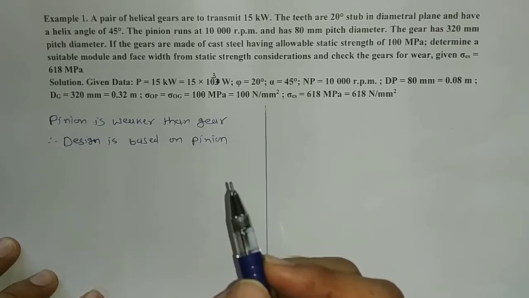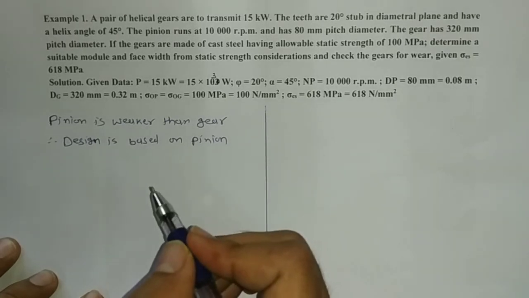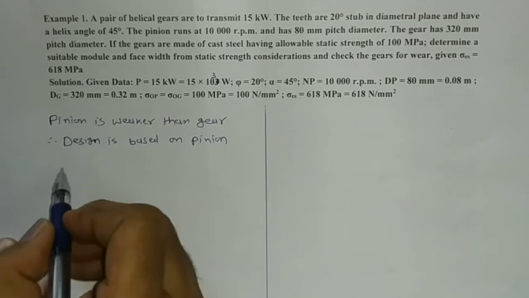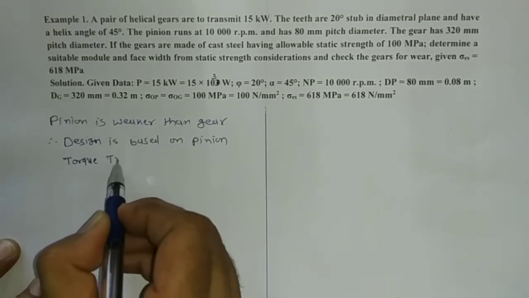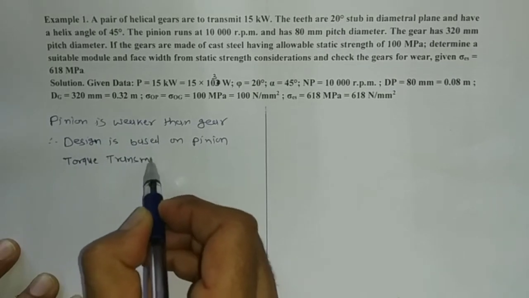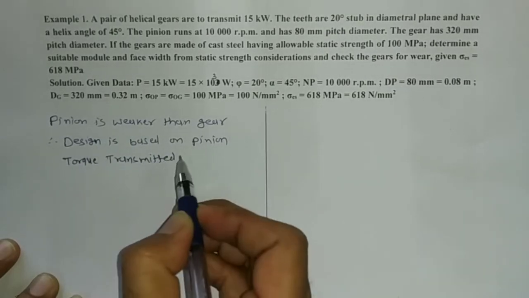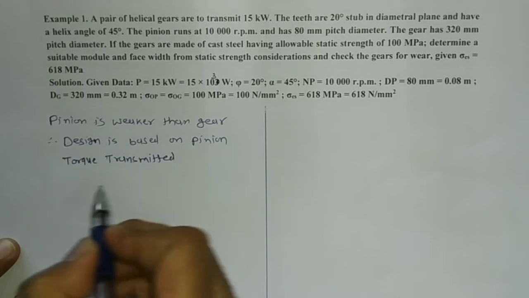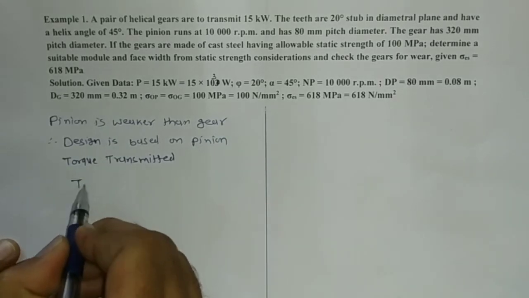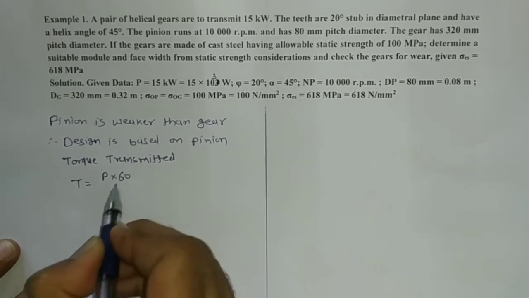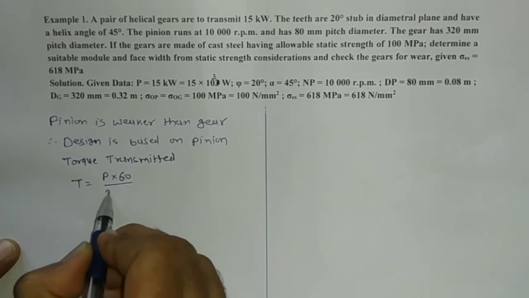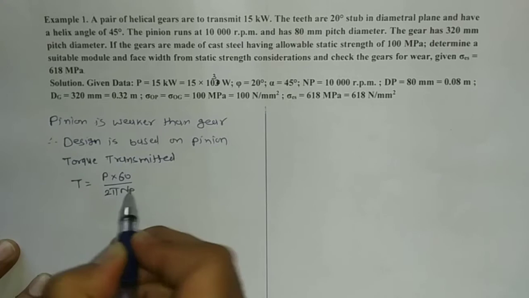Power is given and speed of pinion is also given. So we can say torque transmitted by the pinion, and it is given by T. T is equal to, you know, P into 60 divided by 2 pi NP.